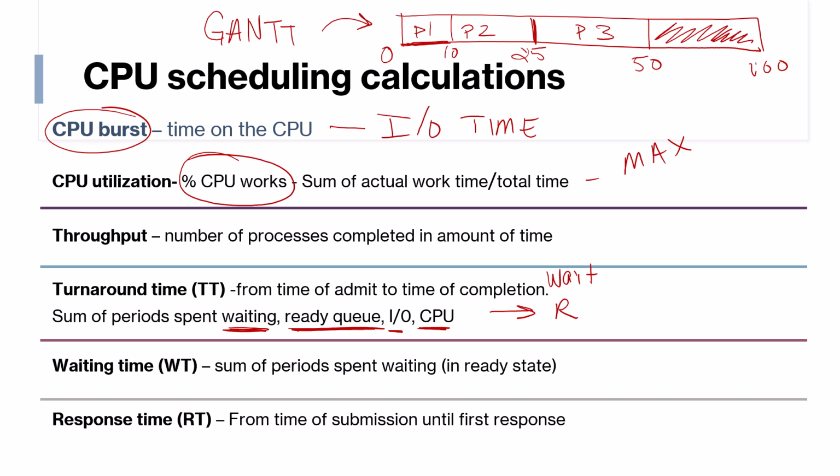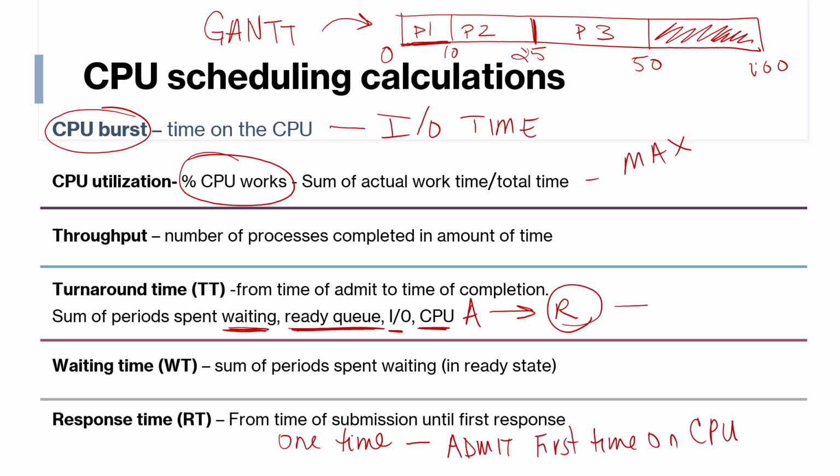This is a one-time measure from the time of admit to the first time on the CPU. So the process gets admitted into the system and it's in ready and it needs to get onto the CPU, but it has to wait. While it's waiting until the first time it gets on the CPU, there's going to be a response time. That's the amount of time it waited for the first time to get on the CPU.